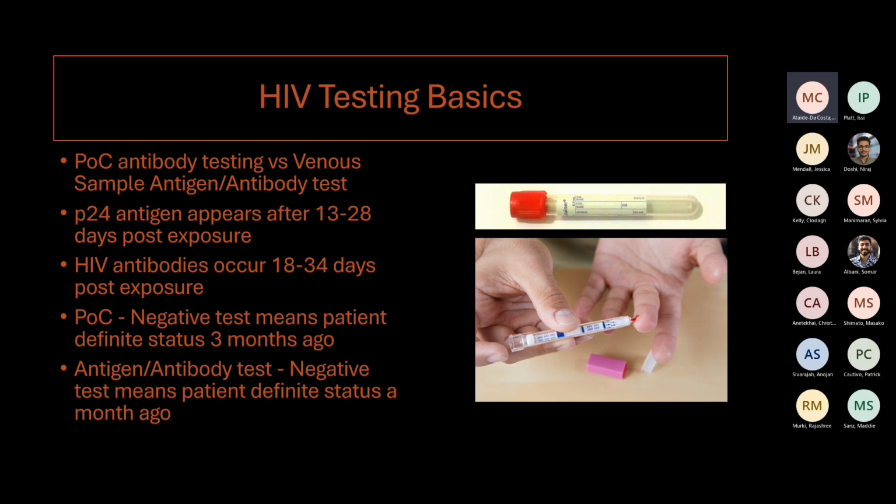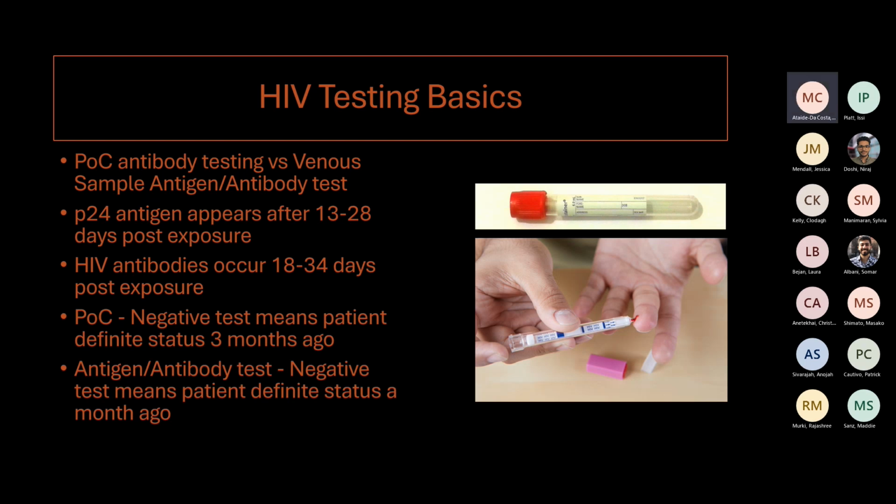Antigen equals PCR, I think. I can't remember exactly, but the antigen will appear first. Your antigen will appear between, I think, 13 and 28 days, so it gives you the month window.